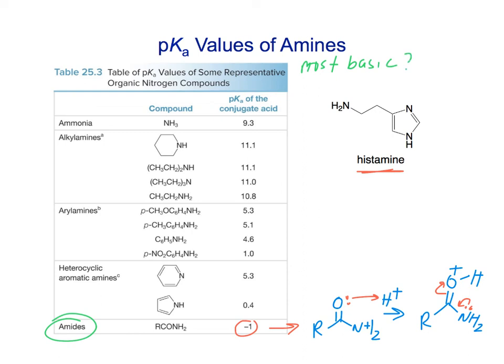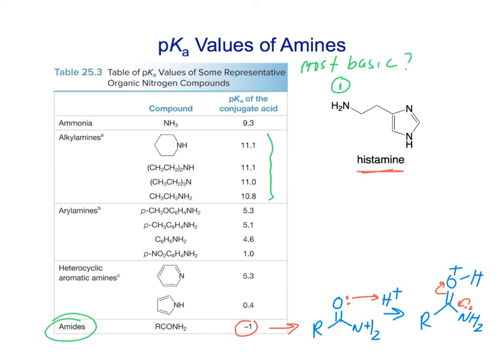Which one? On the left? Out here? Is that the most basic one? Yes, because we see over here that the normal sp3 hybridized amines are the strongest bases. Okay, so that side chain out there would be the strongest base.